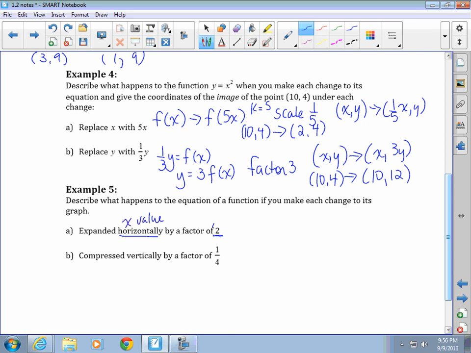Because it was 1 over k was your value when you were solving it. So if 1 over k is equal to 2, then to find out what k equals, you would swap these. So your 2 would go down, your k would come up, so 1/2 is equal to k. So your general equation is y is equal to f of kx. So then for this one, it'd be y is equal to f of 1/2 x.